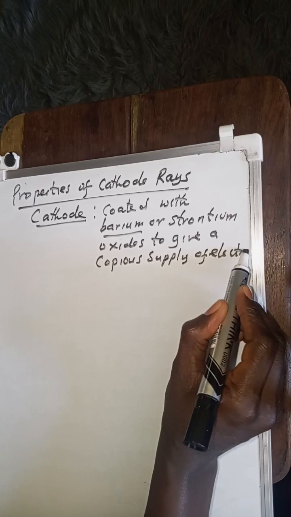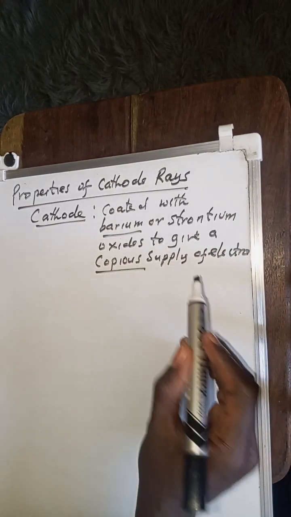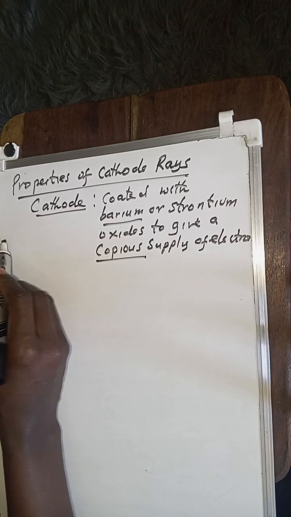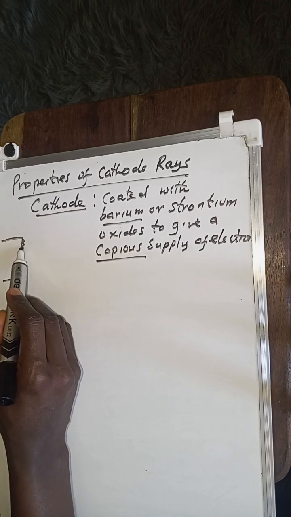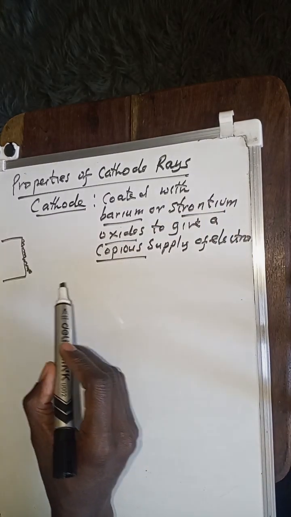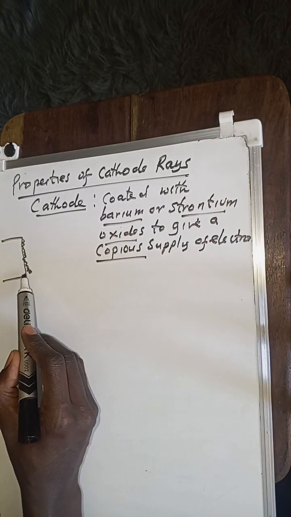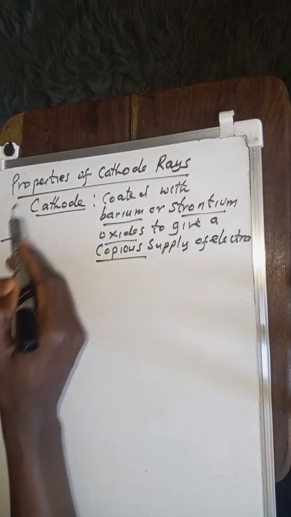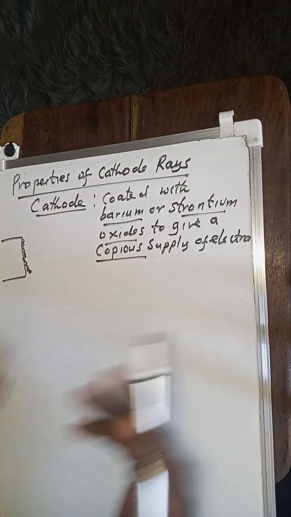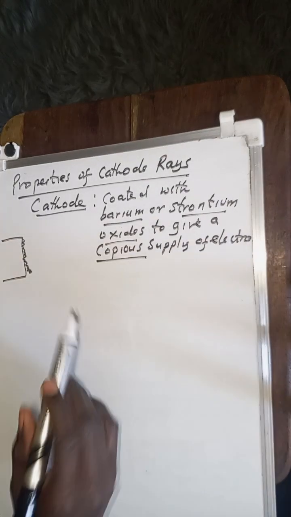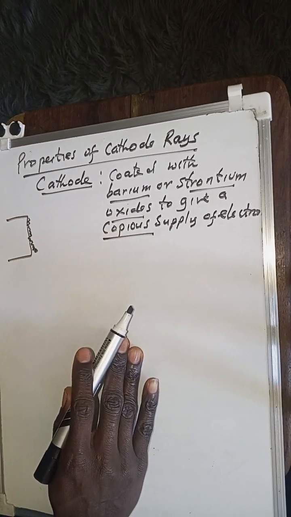Now, what do I mean when I say to give a copious supply of electrons? Well, when that metal plate that you saw is coated with either barium or strontium oxides, it will help to produce an abundance of free electrons from that cathode. In other words, you just want to increase how many electrons are produced. So the surface may be coated with barium or strontium oxide.